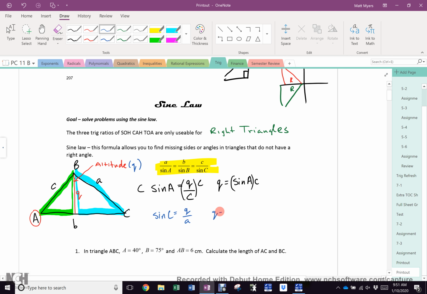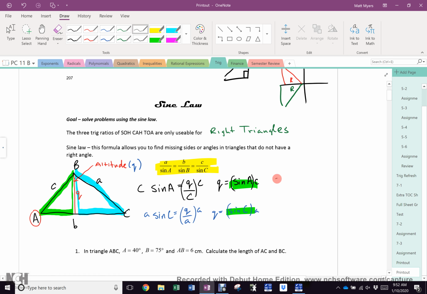What does Q equal here? Sine C times A. Now, you are very intelligent young people. If Q equals that and Q equals that, what do I know about these two? They are equal.